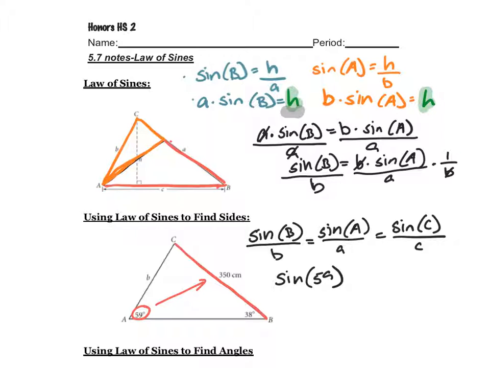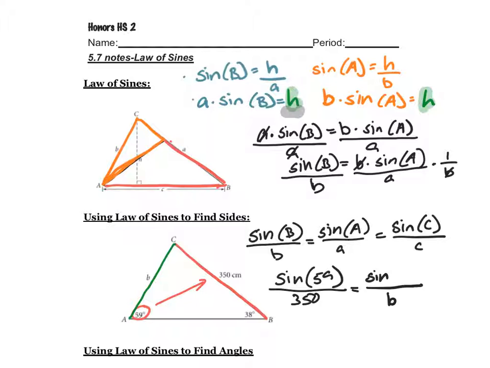So I have sine 59 over 350, equals, well, I'm looking for little b right there. So little b is going to go on the bottom, because our sides go on the bottom, and we're just going to leave it as little b. And with it needs to go an angle.